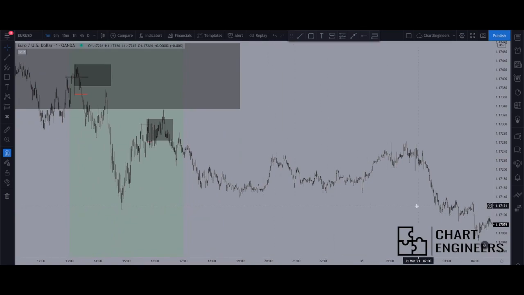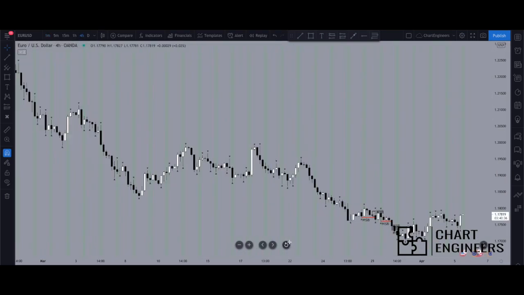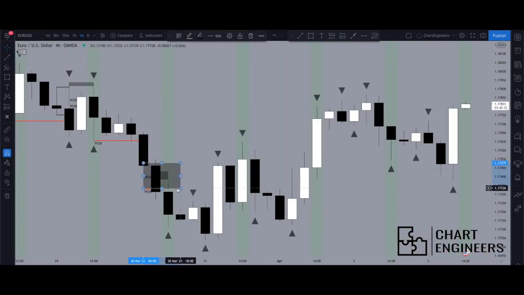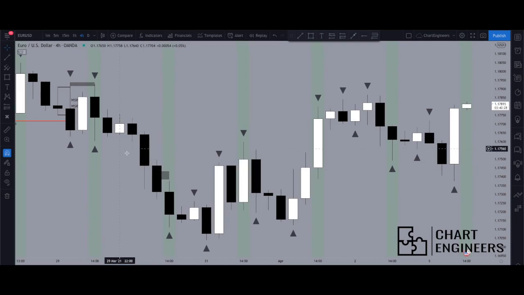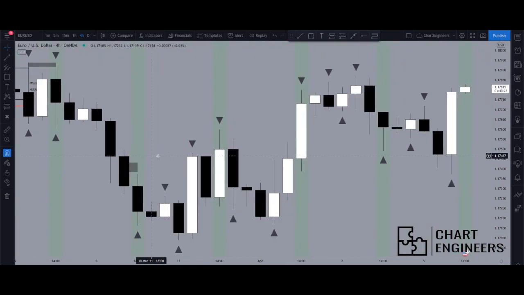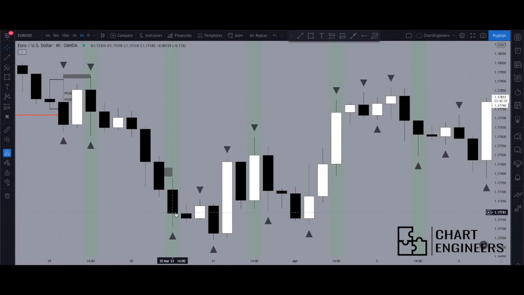Then we can move on to the Wednesday. So I'll just clean up the chart a bit. So here's a Wednesday, and you just want to mark out any fair value gaps or structure breaks.